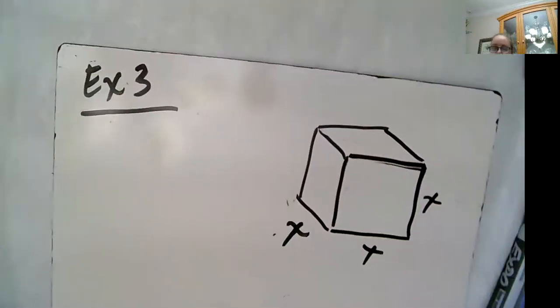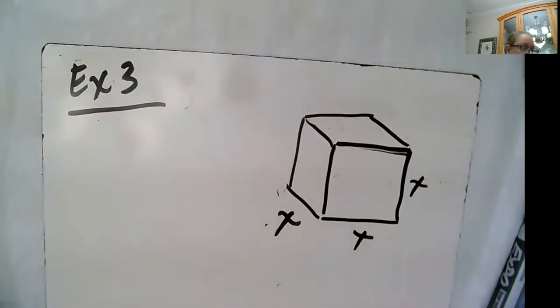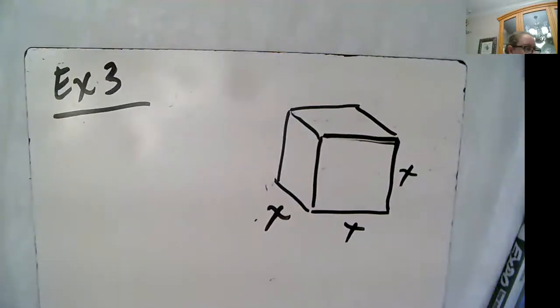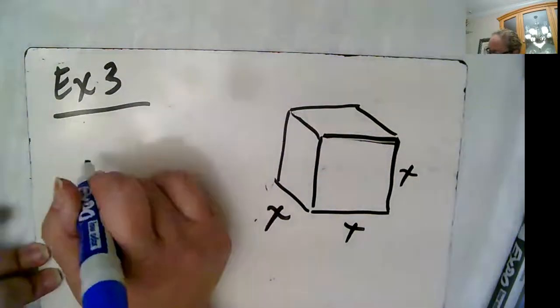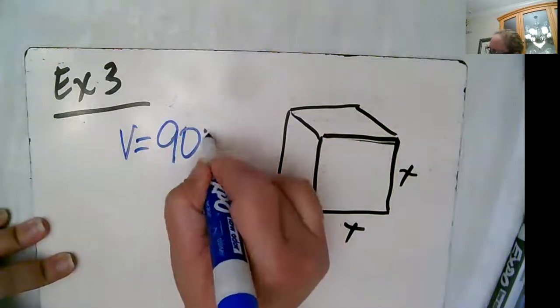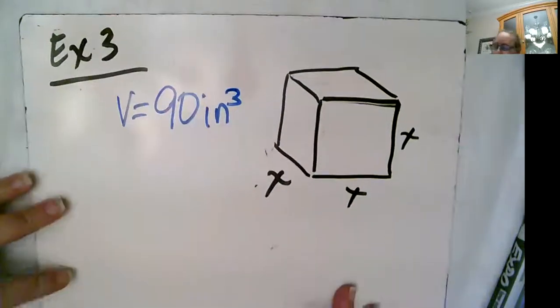Now we're going on to example 3. Example 3 is a little bit different. It wants us to find the side length. So for example 3, it says the volume of a cube is 90 cubic inches. So they're giving us the volume. Volume is equal to 90 cubic inches.